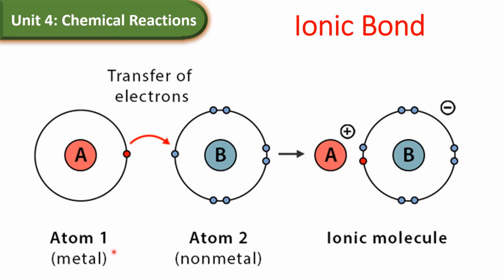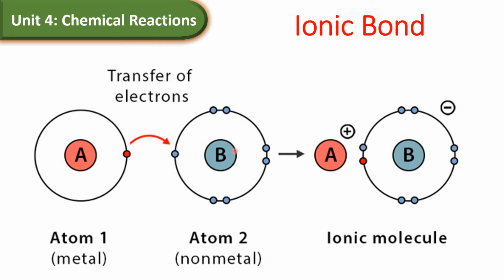Atom number 1, which is a metal, will give away its electron to atom number 2. It's okay for this atom to give its electron because it has only 1 valence electron. If it gives it to atom number 2, this A here will become complete.